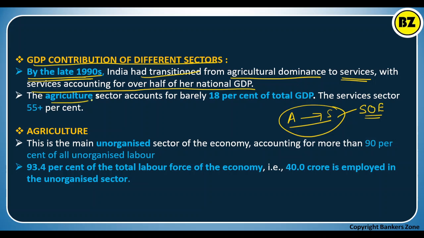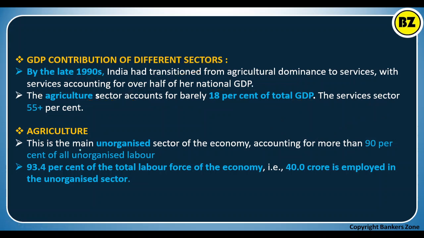Now the agriculture sector accounts for barely 18% of the total GDP, and the service sector is 55 plus. So we are service sector oriented. Now see one by one, agriculture. See here, this is the main unorganized sector. What is organized, what is unorganized, that we will be discussing here.